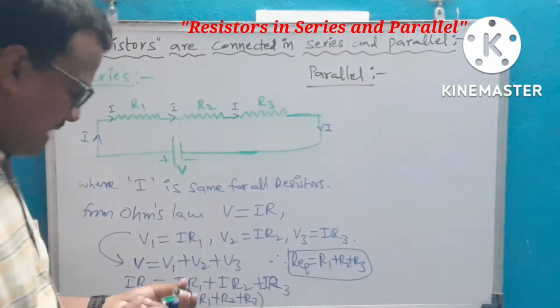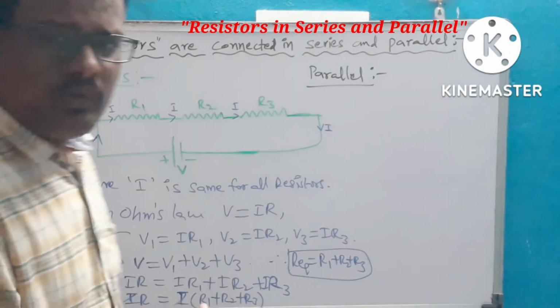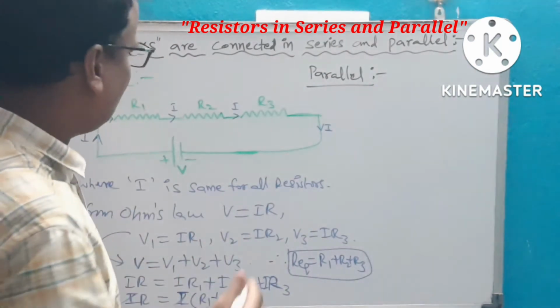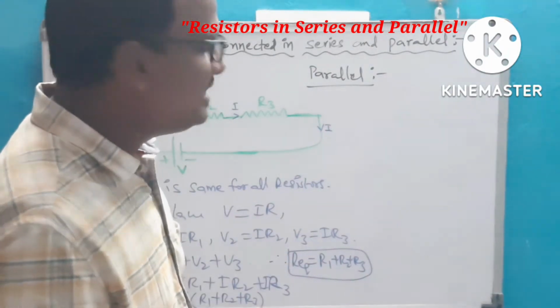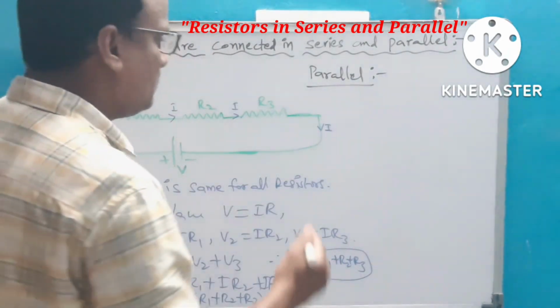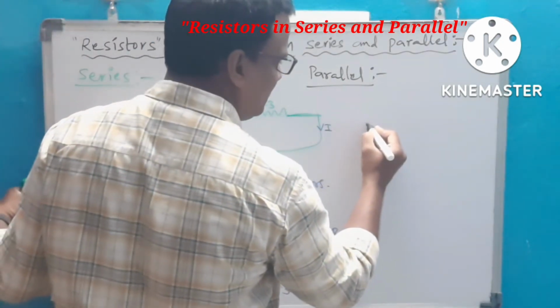Okay. So parallel combination. How can we connect the resistors in parallel? Now look at the board here.